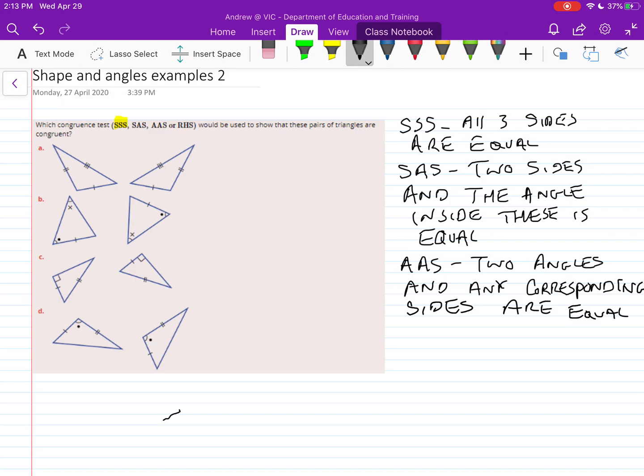And lastly, we have our RHS. So this here is that it is our right angle and the hypotenuse and another pair of sides are equal.